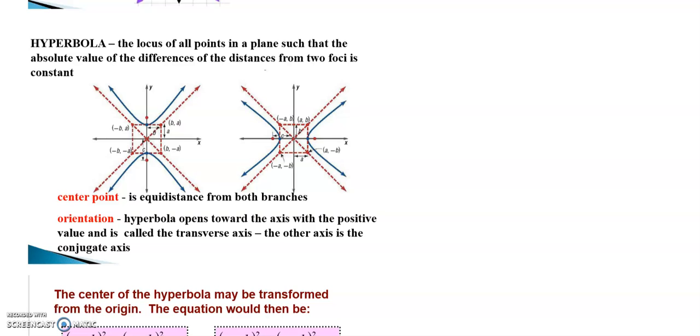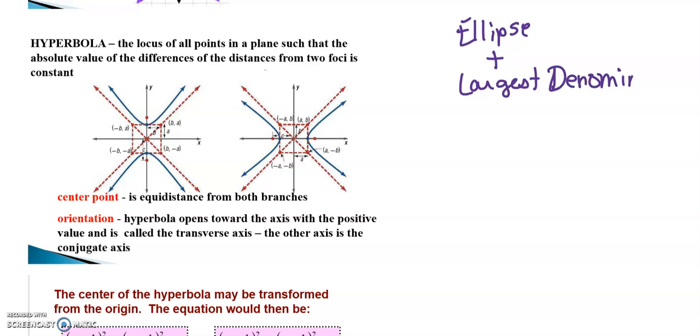Okay? So an ellipse, just to remind you, had a plus in between it, and the largest denominator was the widest side. Okay?